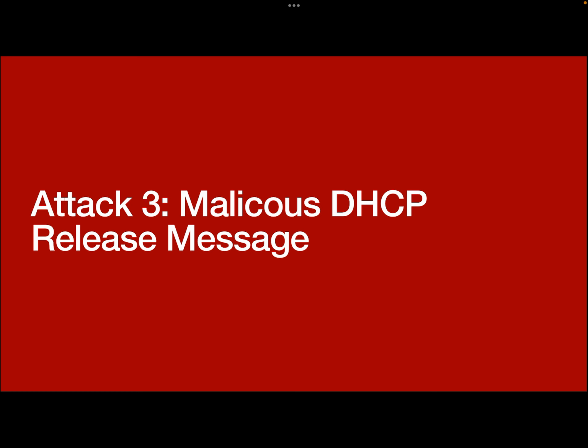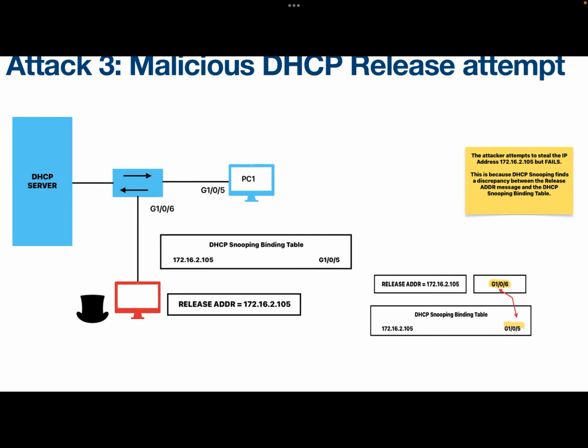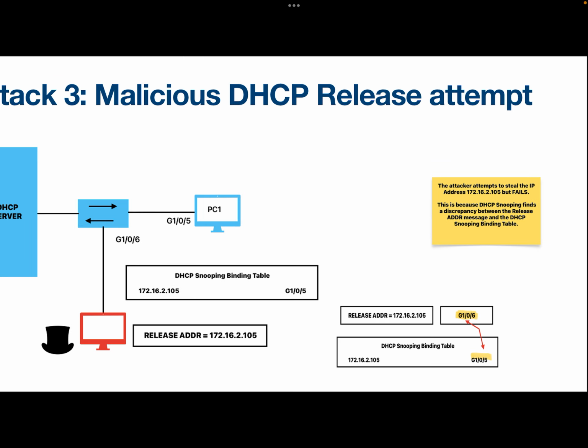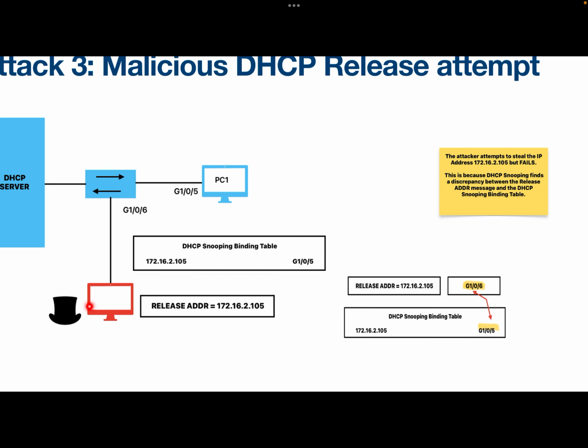Now, the last type of attack is a malicious DHCP release message. As you remember, I spoke about DHCP release messages. This is something that can also be exploited. How? Well, here we've got an attacker, which we're going to call PCX.